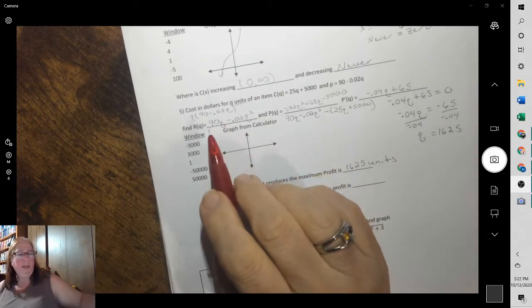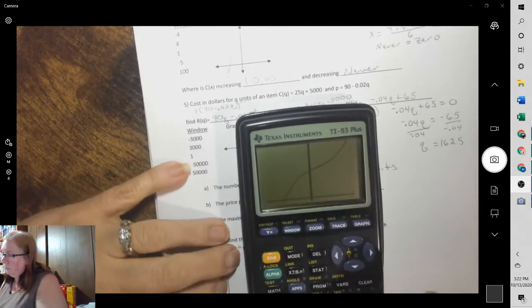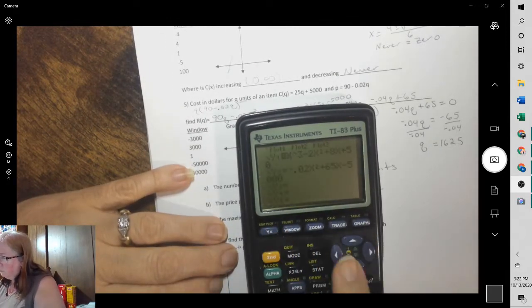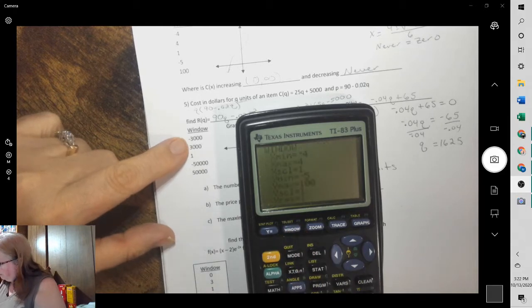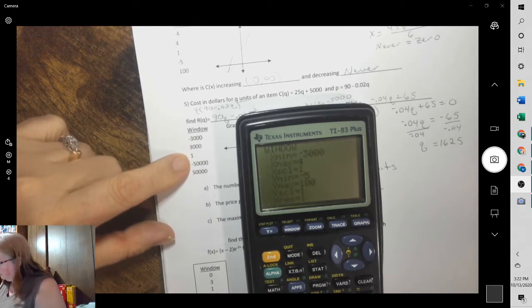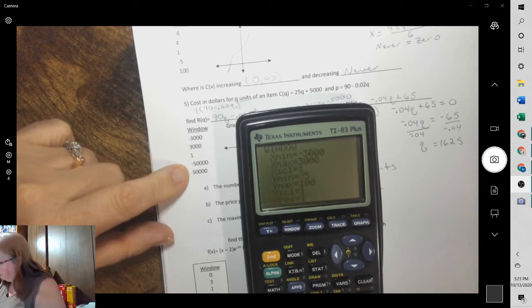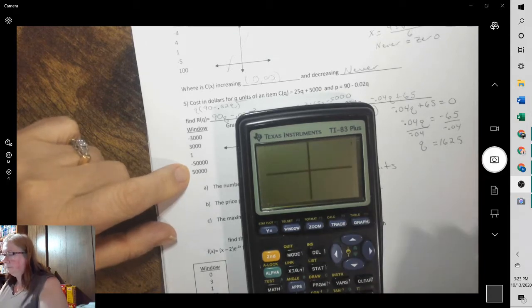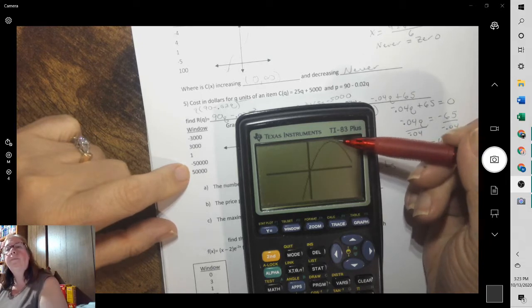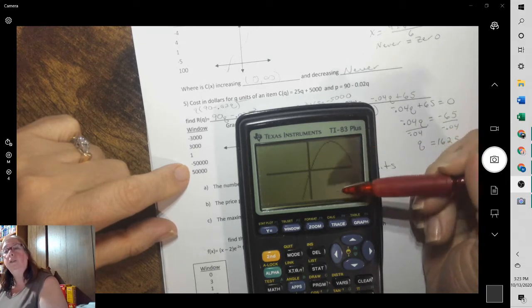So we plug in the equation, which is the second one, and then I go to the window: negative 3,000, 3,000, and then negative 50,000. Let's see the high point. That's at 1625.